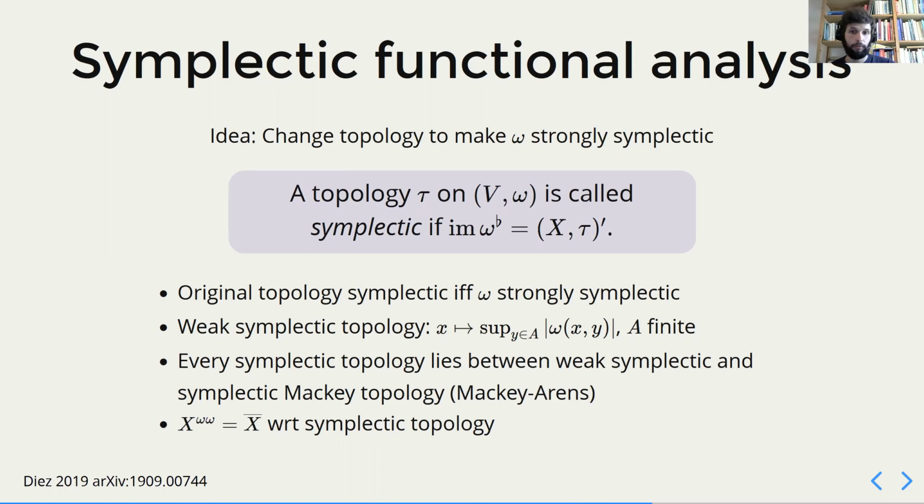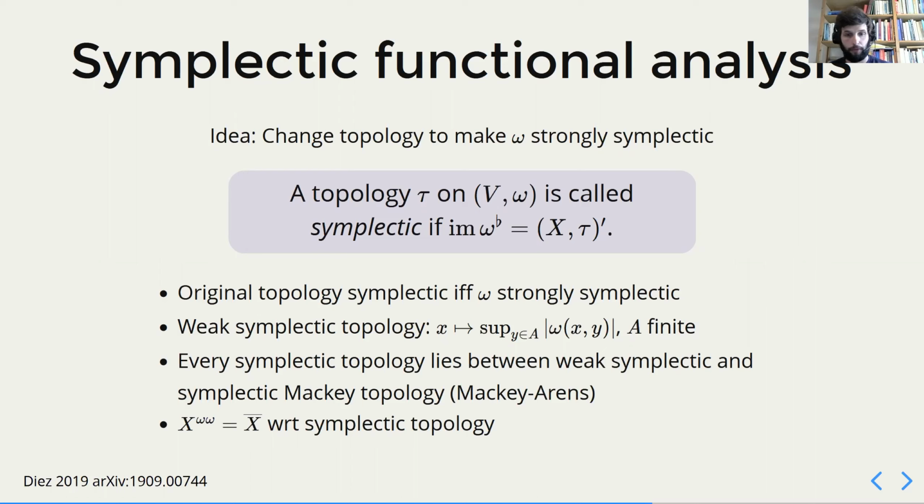And then we can translate these algebraic problems into more topological problems, and then we can use some nice machinery to answer some of the questions that we might have. For this purpose, we introduce the notion of symplectic topology. So we have a symplectic vector space V, and the topology on V is called symplectic if the image of this omega flat is given by all functionals that are continuous with respect to this new topology.